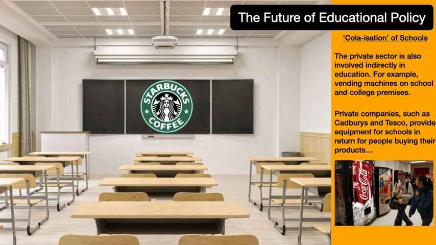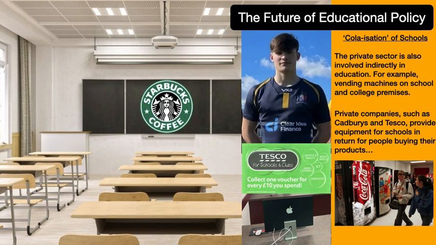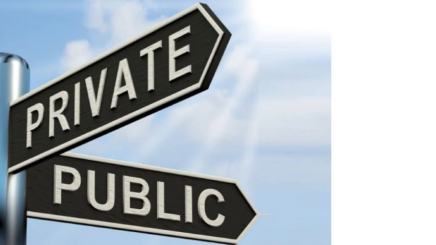You've also got private companies such as Cadbury's and Tesco's providing equipment for schools in return for people buying their products. Remember the computers for schools or sporting equipment for schools policies in Tesco supermarkets, or even computer software being provided or sportswear being sponsored. All of this is part of that privatisation of education.